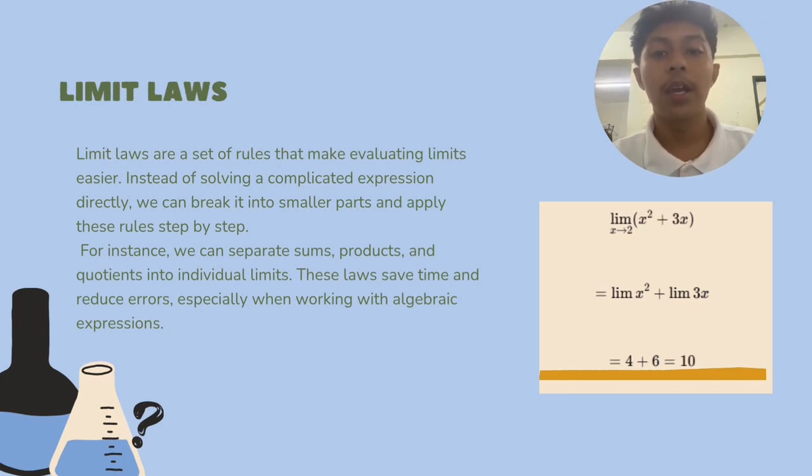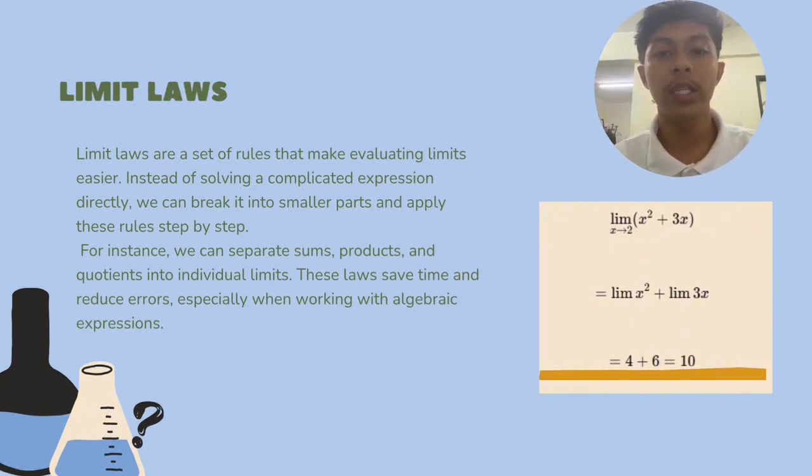For example, if you're looking at the limit of (x^2 + 3x), you don't have to guess. You can split it into the limit of x^2 and the limit of 3x separately.